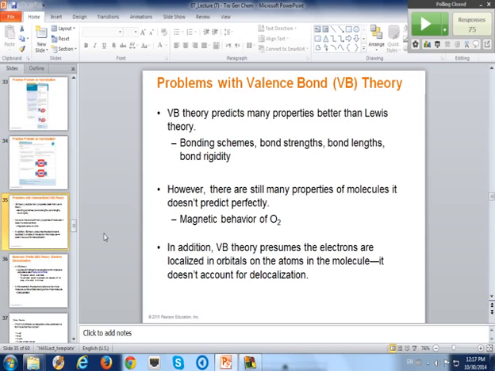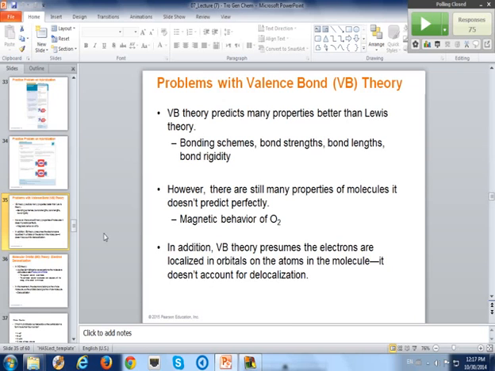Well, it's quite successful, like we've noted, in predicting properties better than the Lewis theory. And it distinguished two types of bonds, explaining bond lengths and bond strengths. But recall, early in the chapter, we noted the magnetic behavior of the oxygen molecule. When we use the valence bond theory, we're not able to explain this magnetic behavior of the oxygen molecule.